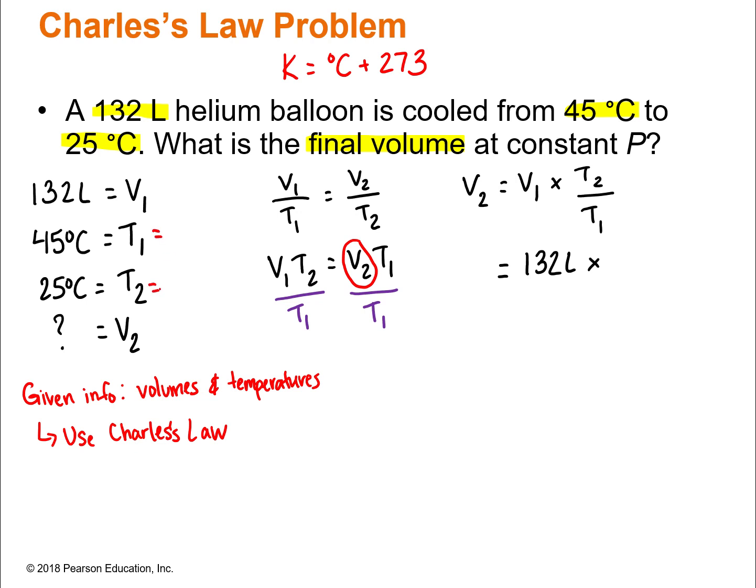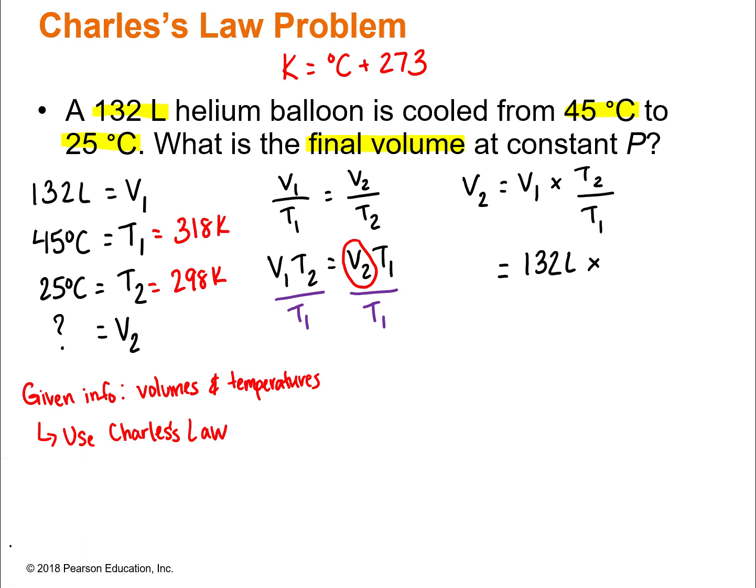So T1, 45 degrees Celsius, is 318 Kelvin. 25 degrees Celsius is 298.